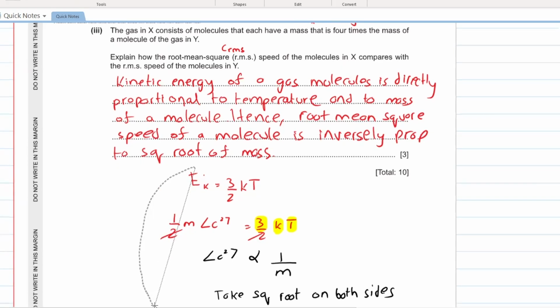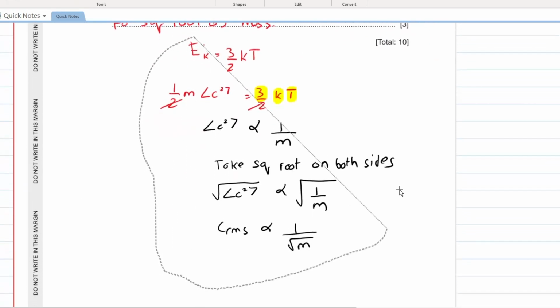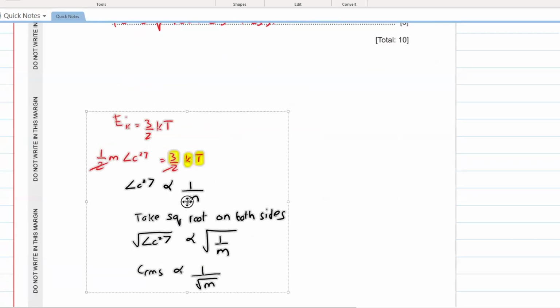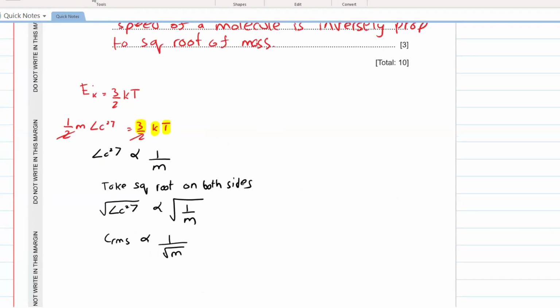You will tell how the root mean square speed of X compares with the root mean square speed of Y. For that, do a little more numerical calculation. You know that the mass of X is 4 times the mass of Y. If your mass has increased 4 times, what will happen to your CRMS?